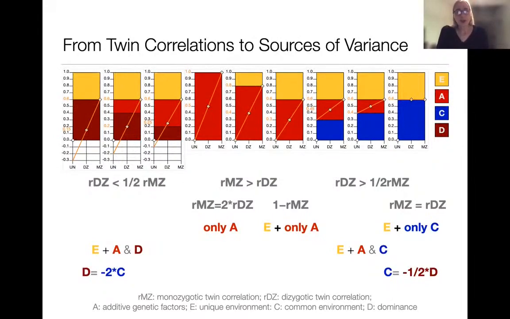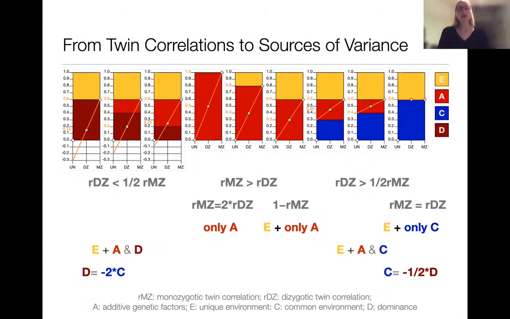So you'll see a couple more scenarios where the DZ correlation is greater than half the MZ correlation. And in the second one from the right, the DZ correlation is now 0.5, with an MZ correlation of 0.6. So suggesting that more of the variance is now due to shared environment, as both the MZ and the DZ correlation seem to be bumped up to the same extent.